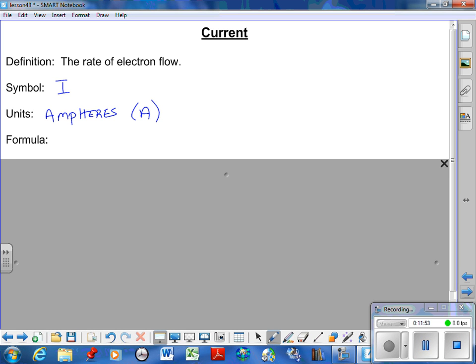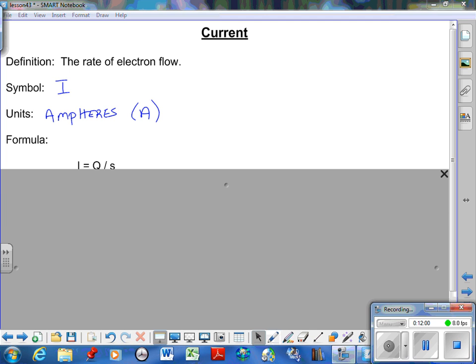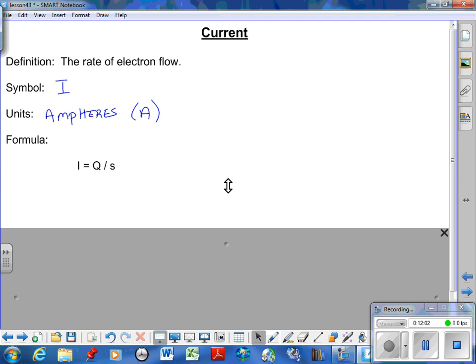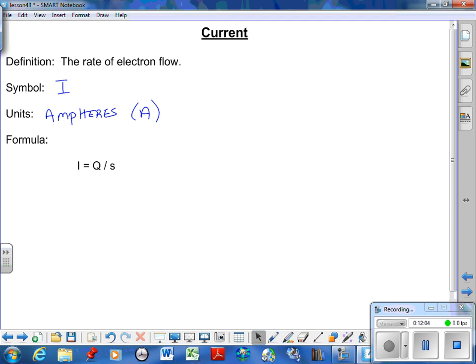Well, the formula for that current is as follows. It is I equals Q over t. So I, put the capital on there, I is your current. Q is the amount of charge.